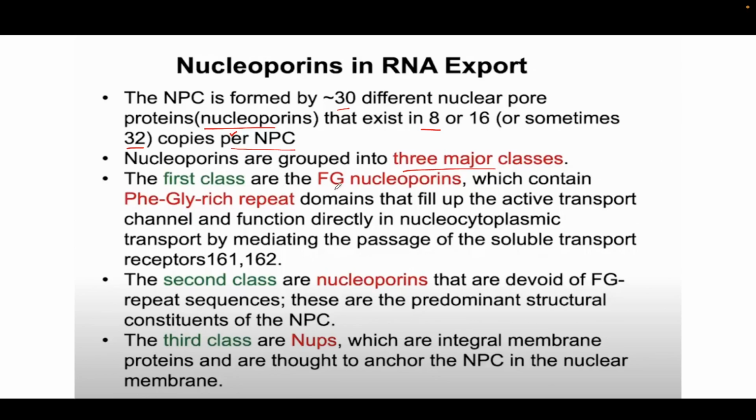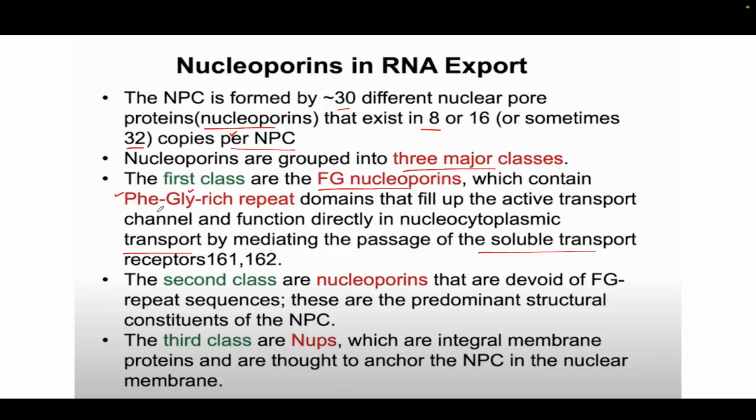The first class are the Fg nucleoporins, which contain phenylalanine glycine rich repeat. Glycine is a simple amino acid and phenylalanine is an aromatic amino acid. These domains fill up the active transport channel and function directly in nucleocytoplasmic transport by mediating the passage of soluble transport receptors.